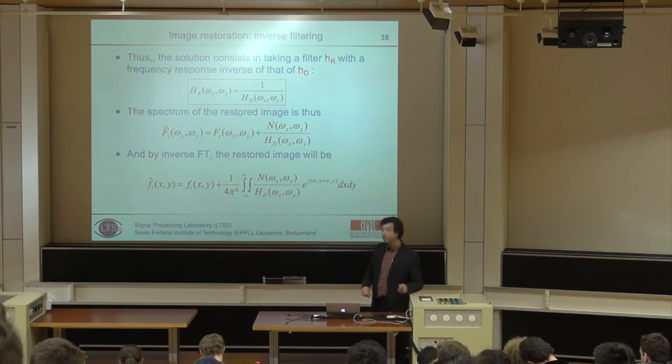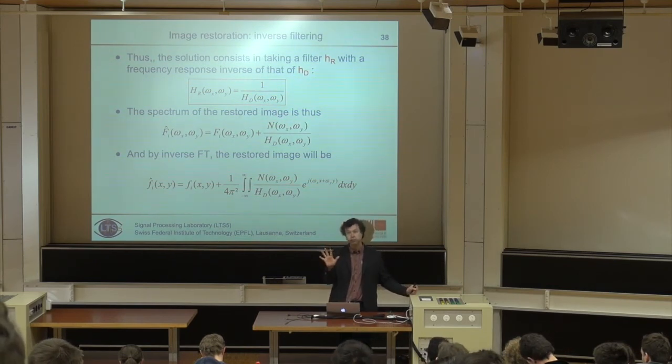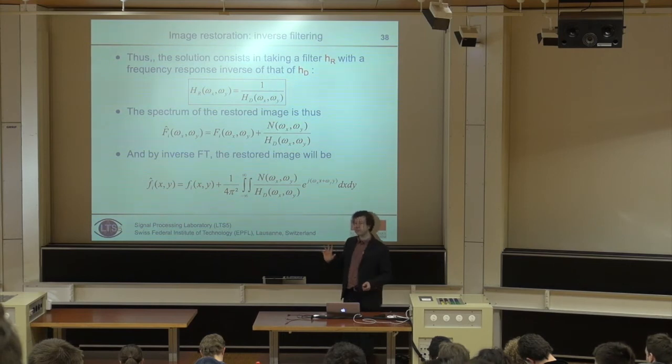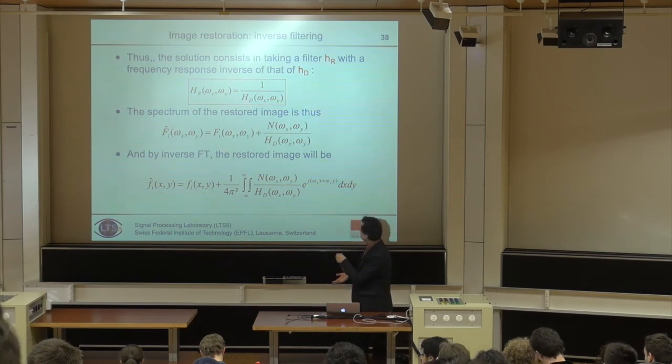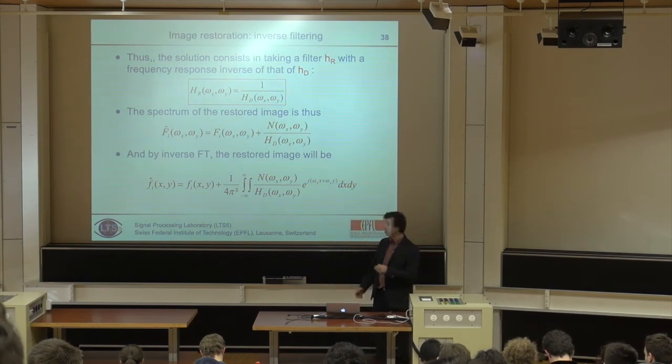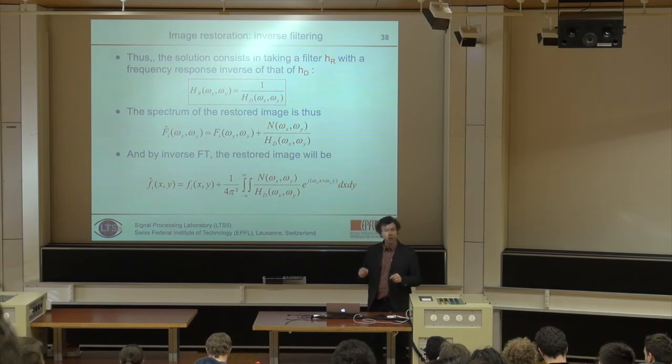And you might already imagine that it might not be that trivial to build it because there might be instabilities, because dividing by 0, but that's another story. But if we assume that our system is calibrated enough so that we know how bad it is, we know HD, so we know its frequency response, we know how low pass it is, then you can build a restoration filter, up to the stability problem that I don't describe here.